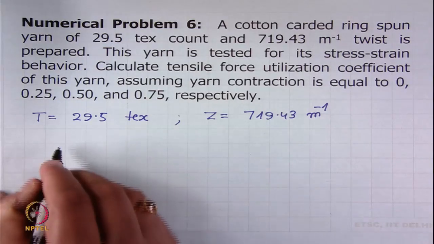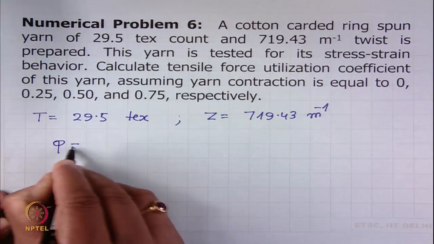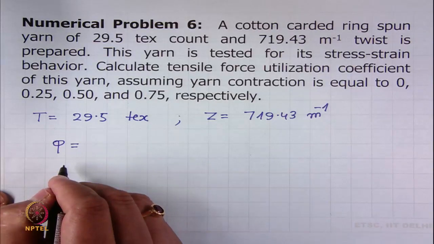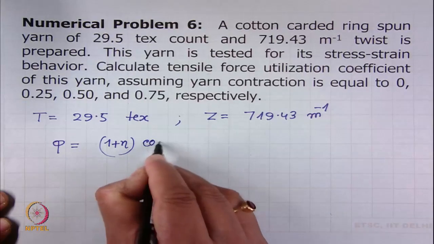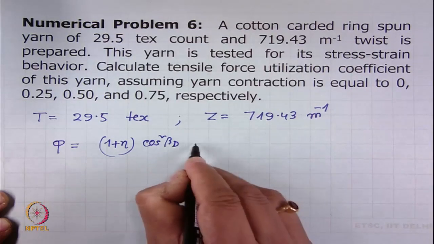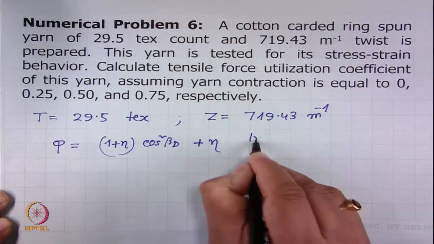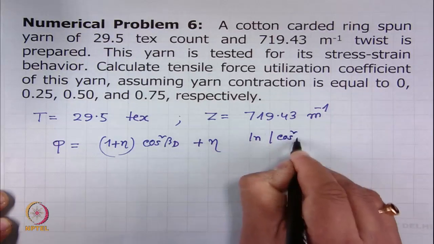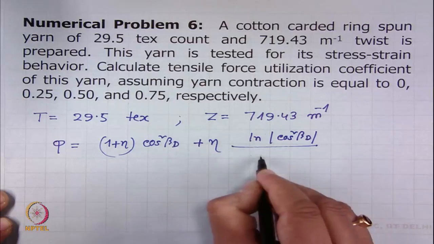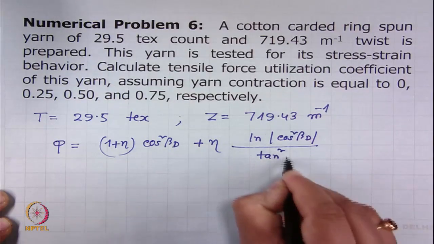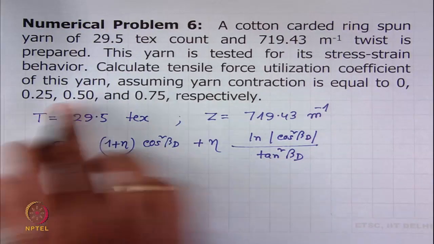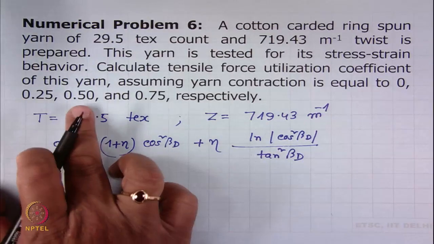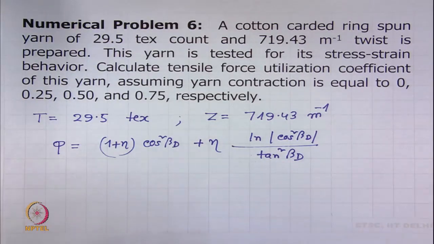So, we have to basically use this expression: phi, the tensile force utilization coefficient of yarn, equals 1 plus eta cos square beta d plus eta tan square beta d. Eta is given as 0, 0.25, 0.5, 0.75. What is not given is beta d.